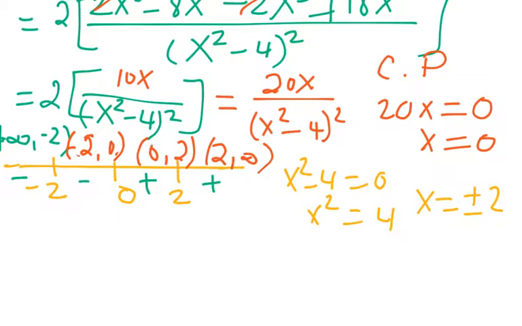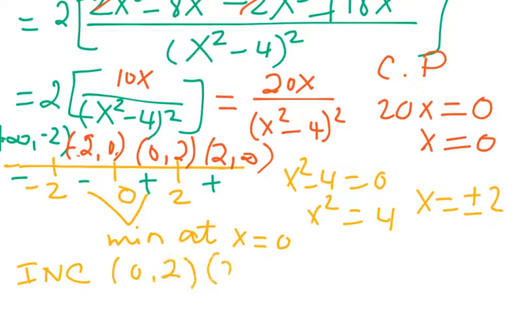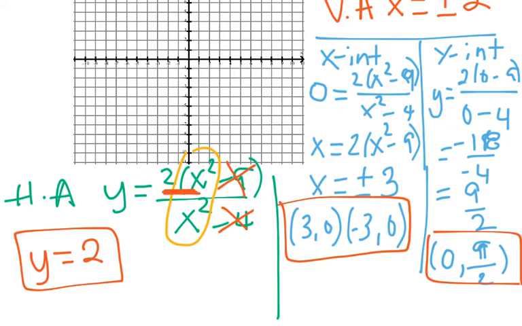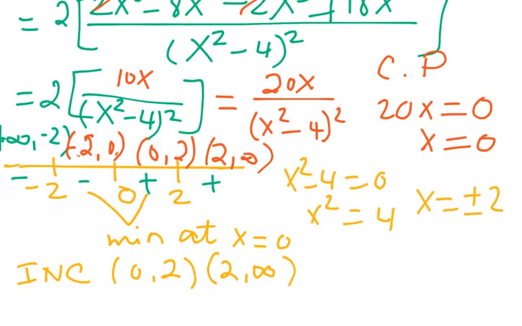We also know we have a relative min at x equals 0. Decreasing is from negative infinity to negative 2, and negative 2 to 0.